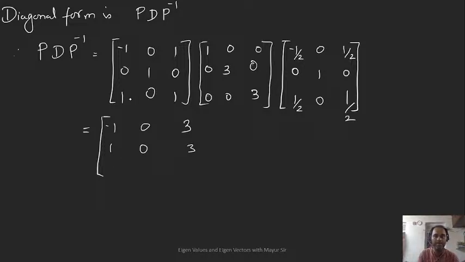Then here there is 1, here there will be 0, and here there will be 3. Multiply this with the inverse and check.